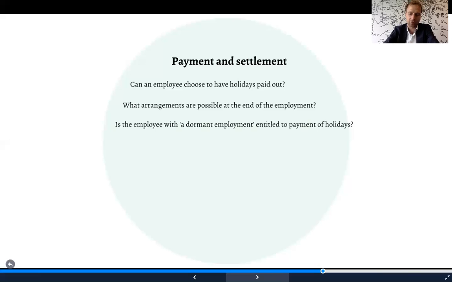So that's important for all situations of sickness in which the employee receives less than 100% salary. During holidays, it's 100% salary. And the same goes for holidays that will be paid out at the end of the employment relationship. It's irrelevant if the employee received a lower percentage, for instance, in the second year of sickness.